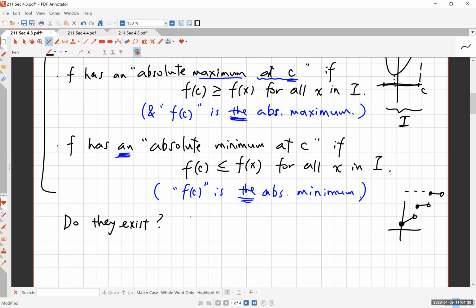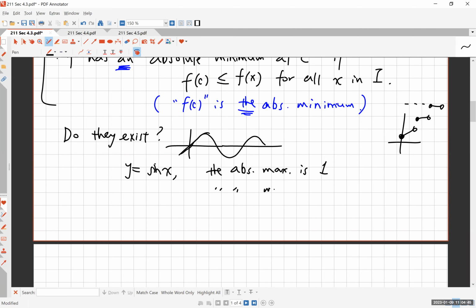Okay, like I said, when you have a sine function, if f is sine of x, the absolute maximum is 1. The absolute minimum is -1.